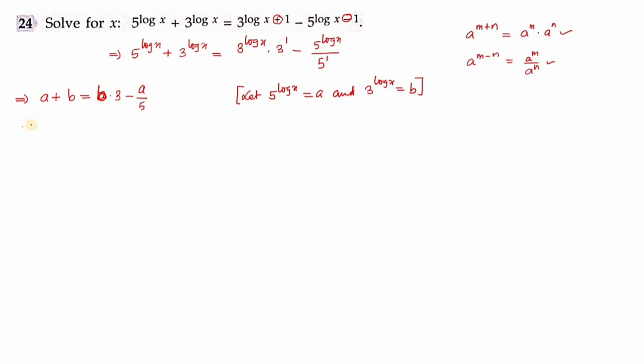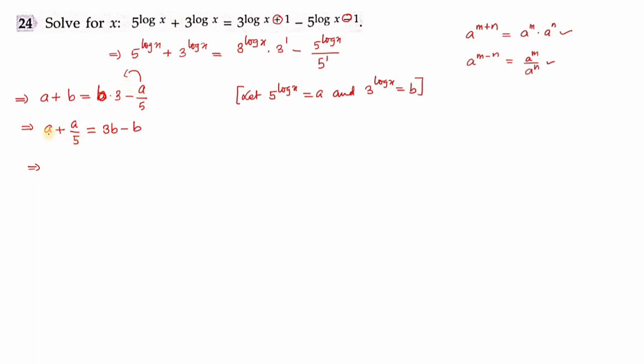Now I'll bring a to one side and b to the other side. a minus a by 5 is equal to 3b minus b. Sorry, this minus becomes plus here.